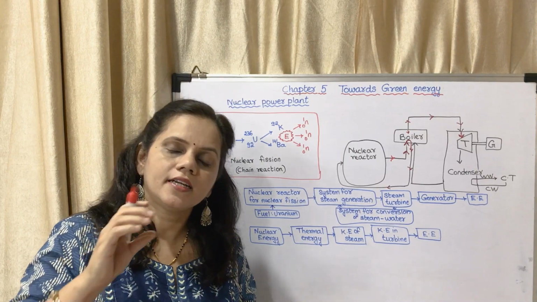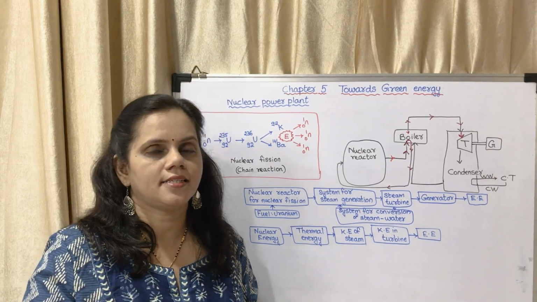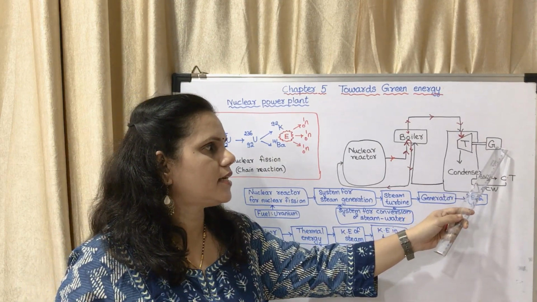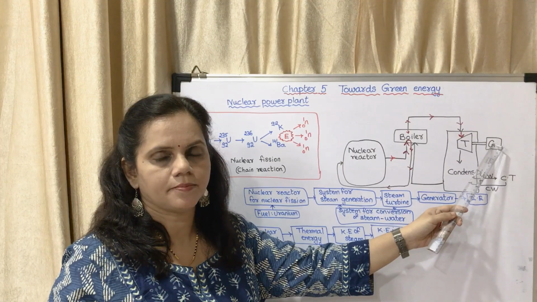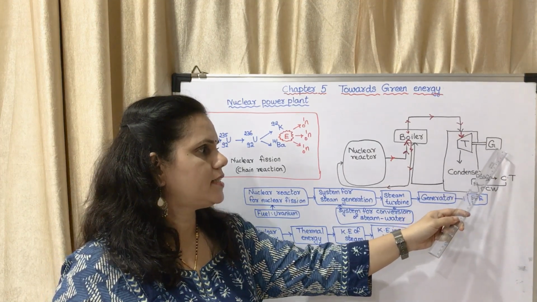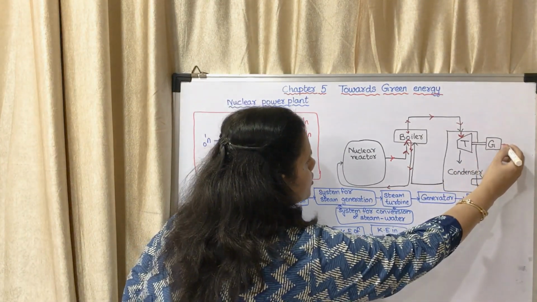Whether the magnetic field or the coil, electricity is generated. As the turbine moves, the generator generates electricity and it is taken out.